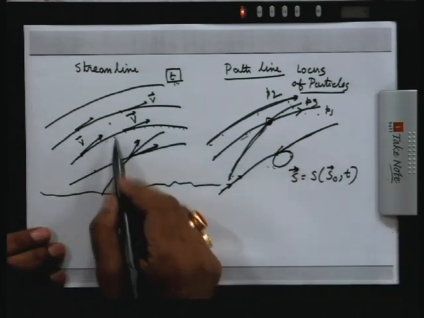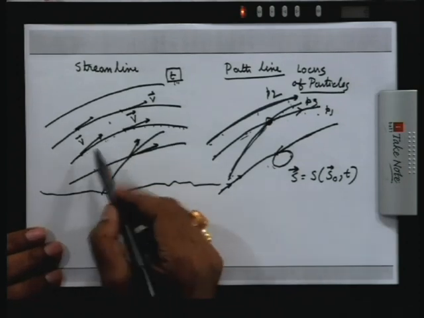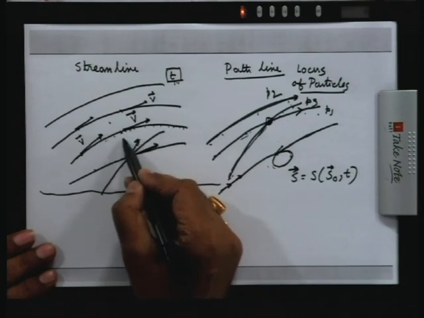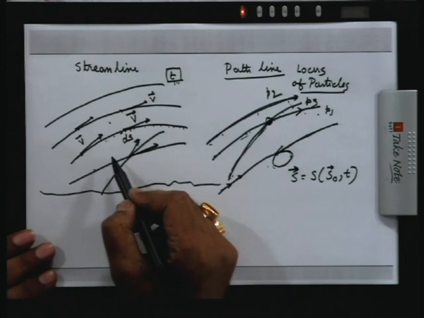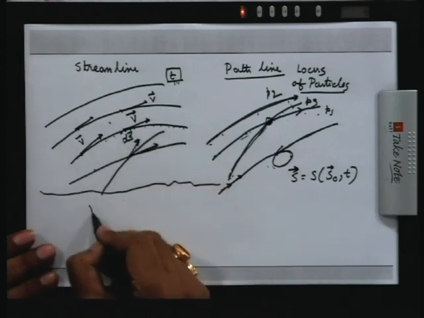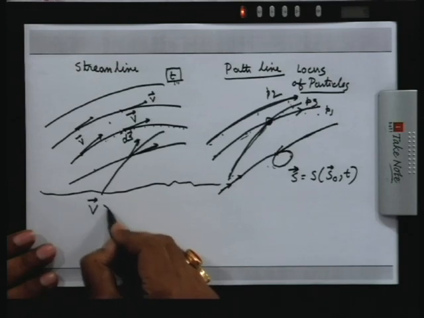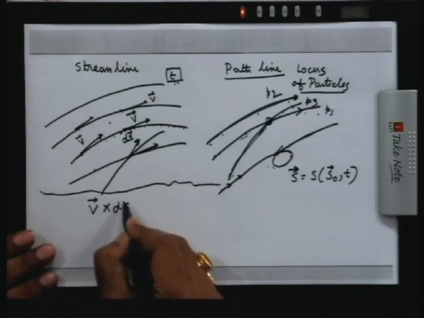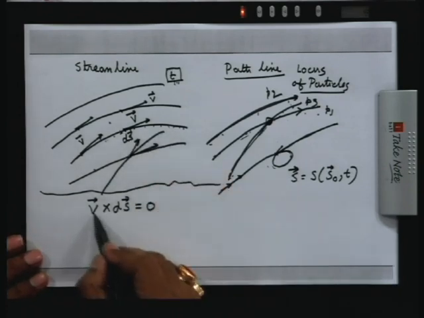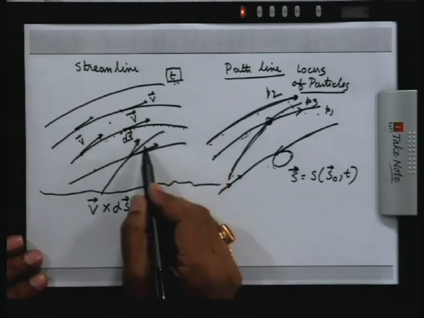The equation of streamline: since at any point it is tangent, if we take an elementary length along the line ds, we can write V cross ds is 0, because this is tangent to this. So therefore the cross product is 0.